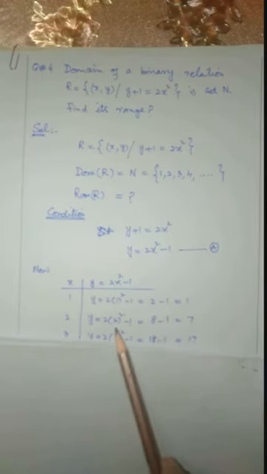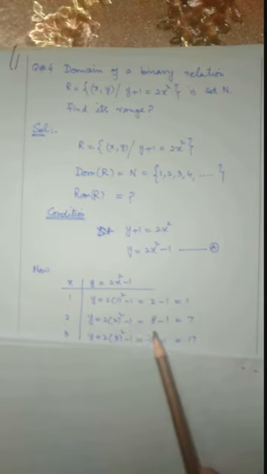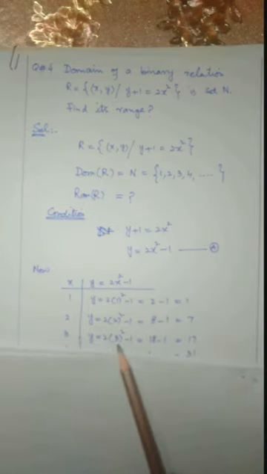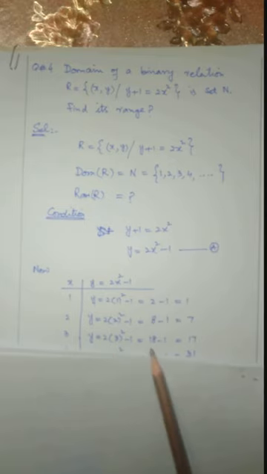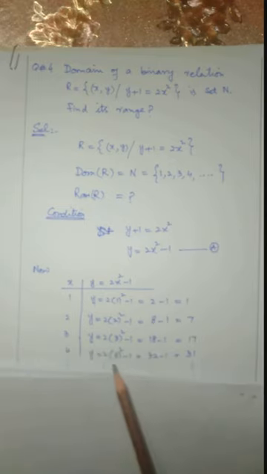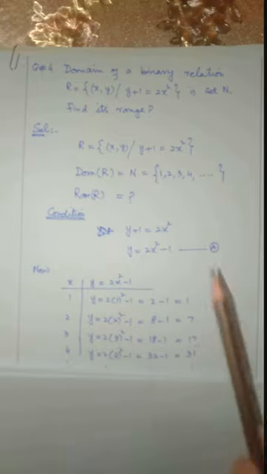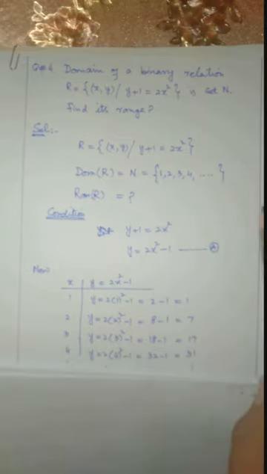Then 2 squared is 4, 4 times 2 is 8, 8 minus 1 is equal to 7. 3 squared is 9 and 9 times 2 is 18, 18 minus 1 is equal to 17. Then putting in the value 4, 4 squared is 16 and 16 times 2 is 32, and 32 minus 1 is equal to 31. The natural numbers go on, so this continues also.